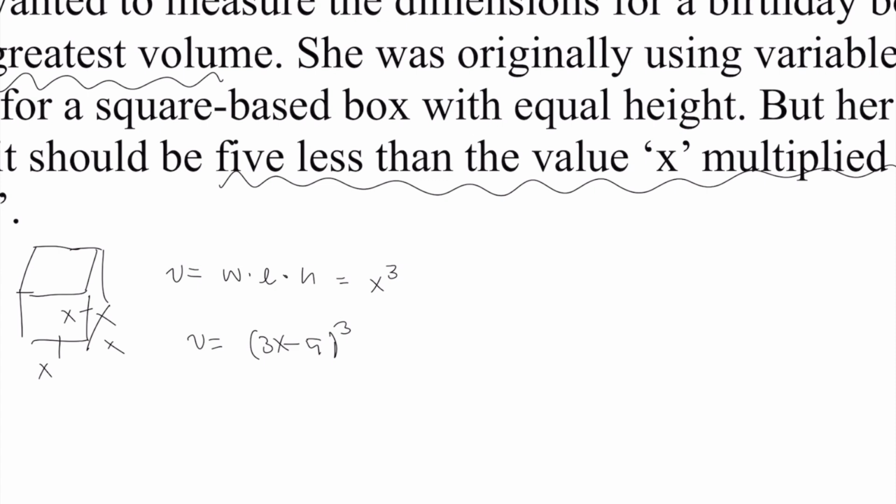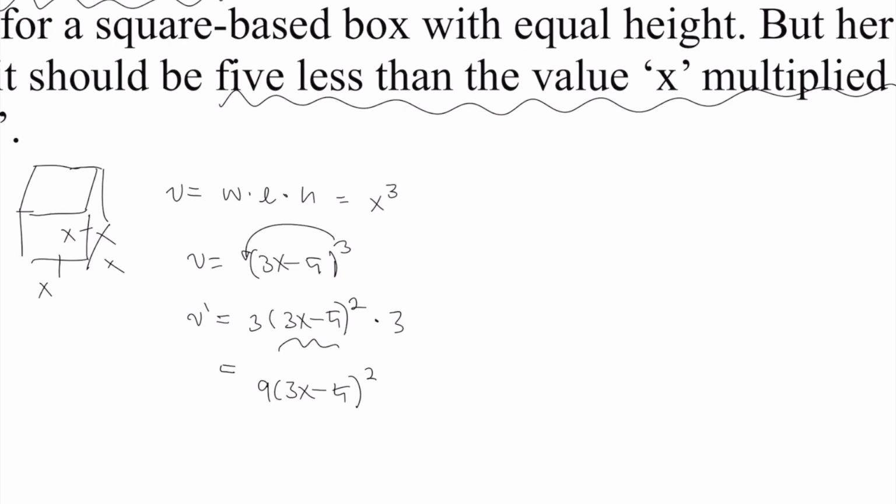Let's take the derivative of this, which would be 3 comes out to the front, 3x minus 5, and then 2. But the inside is 3x minus 5, so take the inside derivative, which would be 3. So 3 comes out again, so it's going to be 9 times (3x minus 5) to the power of 2. So V prime is going to be like this.